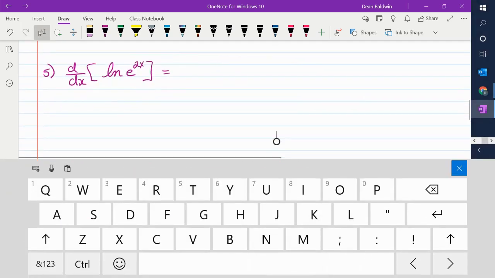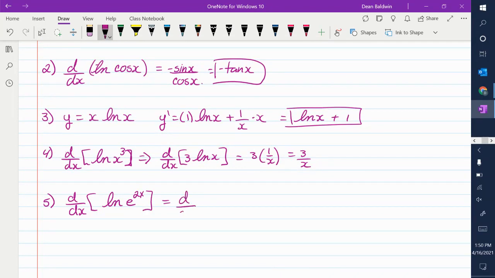So I could rewrite it. Oh, that's a different type of question. You haven't gotten to those yet. There's a way you can do that. Like you can log both sides to drop it down. We're going to get to those in a sec. Okay.